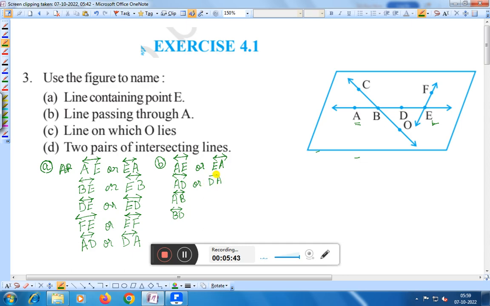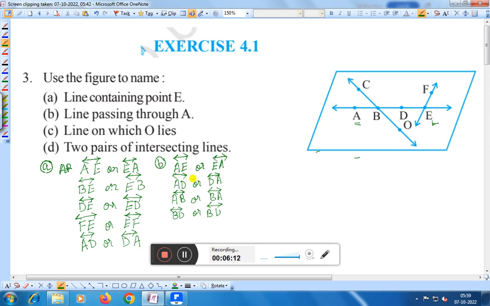We are representing the same line. Here, all these lines are passing through A, right? Therefore, lines passing through A, there are four lines, right?